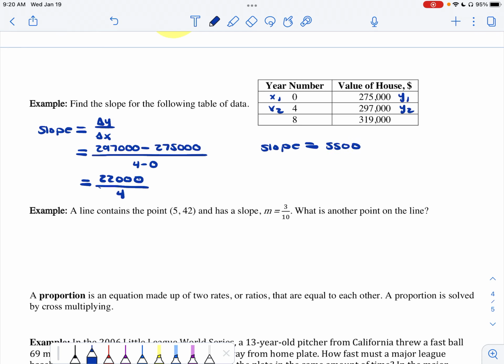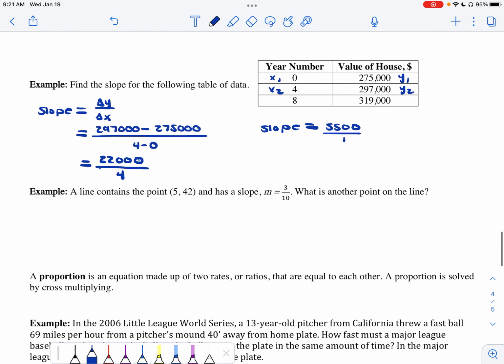Now, like I said, it can often be helpful when thinking about slope to leave it as a fraction. So 5,500 you could also write as 5,500 divided by an understood 1. Okay. All right, now let's think about the units on this for a second because it's always helpful to think about the units whenever you're finding any sort of rate. So for this one, our numerator was the value of the house in dollars.